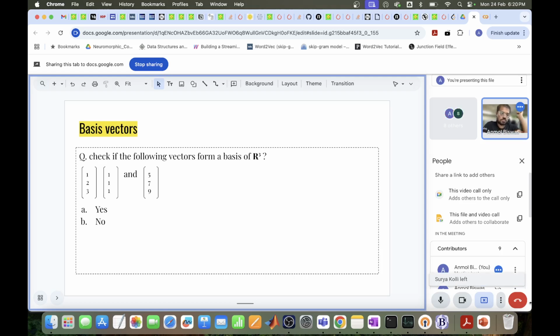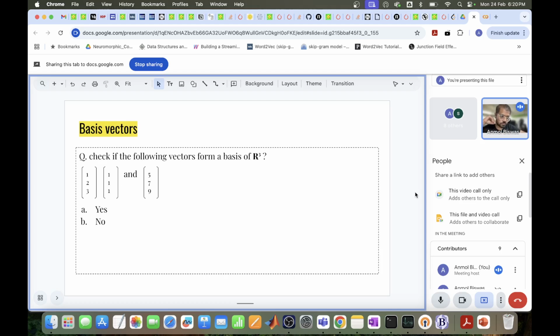That is one. And the second is that it needs to be a generating set, which means that every vector in this vector space, or in this R3 space, should be representable as a linear combination of the vectors inside the basis set, right?